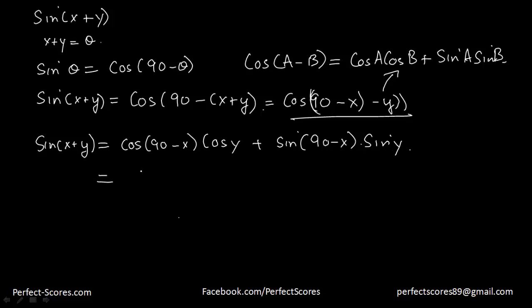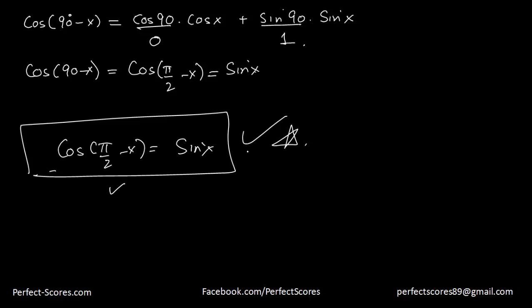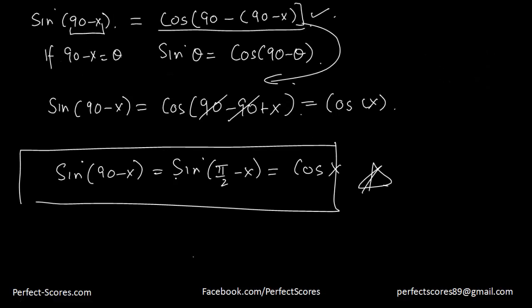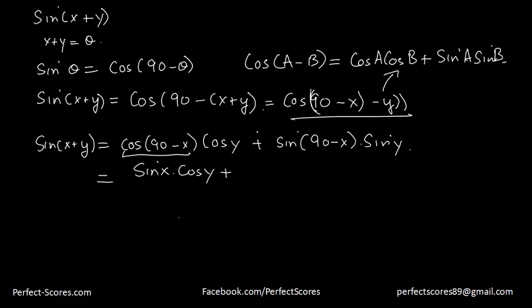What is the value of cosine of 90 minus x? From here you know that cosine of 90 minus x is equal to sine x, and this would be cosine of y, plus what is sine of 90 minus x? Sine of 90 minus x is equal to cos x. So cosine of x into sine of y.